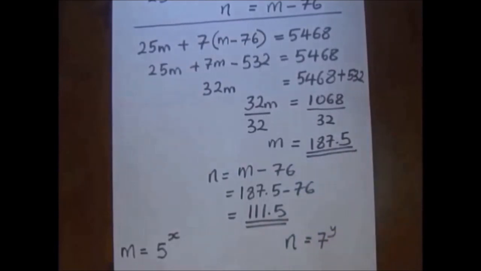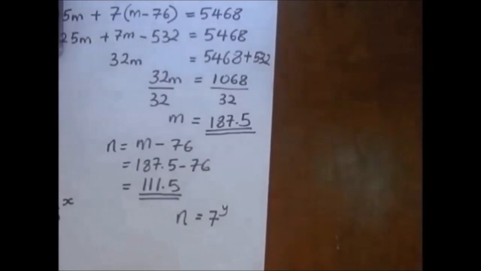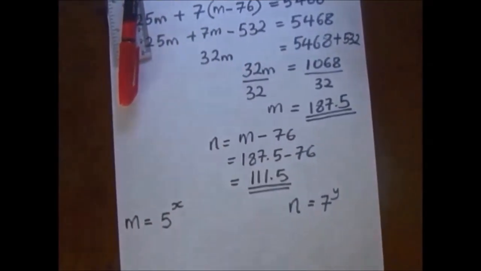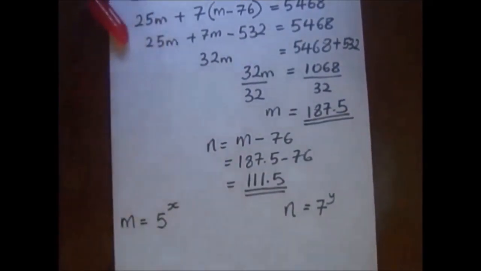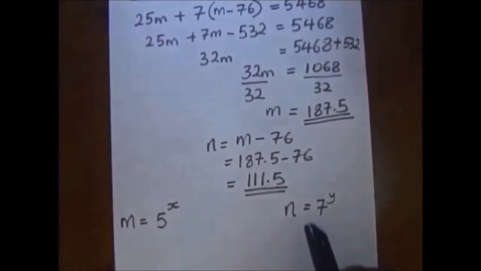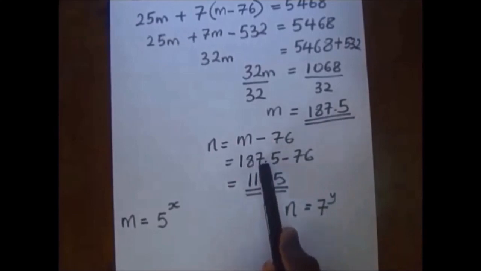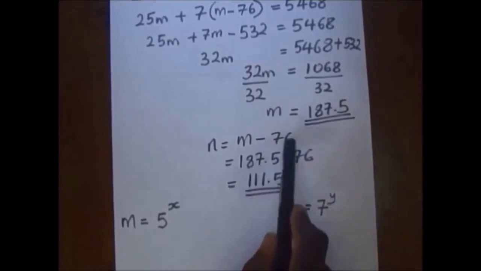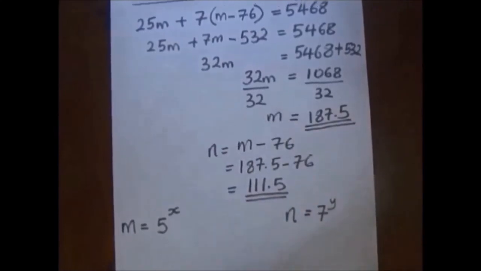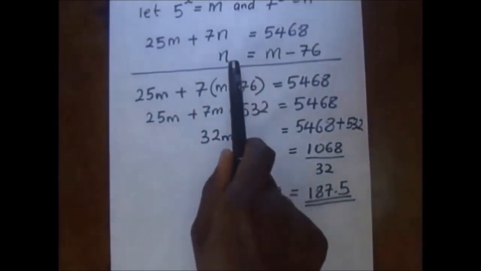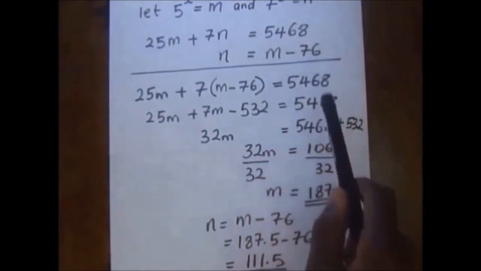So after getting the value of m as 187.5, we then find the value of n. Our value of n is going to become m minus 76, which is going to be 187.5 minus 76. We are getting this equation from one of these equations here, m minus 76.